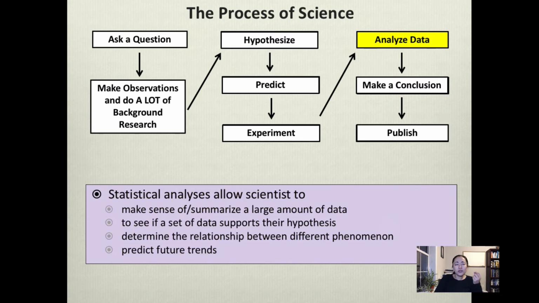It is extremely important to have some basic understanding of statistics because this allows scientists to make sense of and summarize large amounts of data. It also allows them to see if a set of data supports their hypothesis or not. Furthermore, it allows scientists to determine the relationship between different phenomena. Is there a correlation between two different variables? And statistical analyses allow scientists to predict future trends.